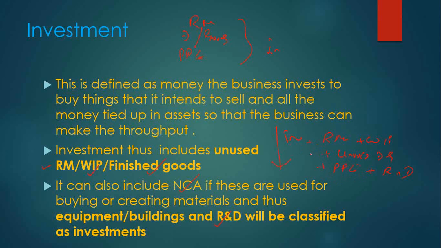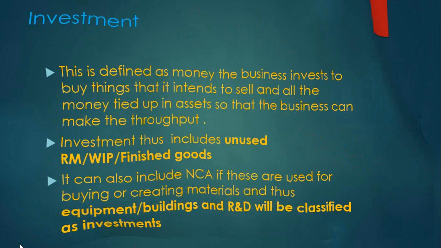So you must try and minimize your raw material investment, your work in progress, your unsold finished goods, your property, plant and equipment, your R&D. Of course, you have to be careful. Don't minimize it to the level where you will not have any new products, new research and development happening.